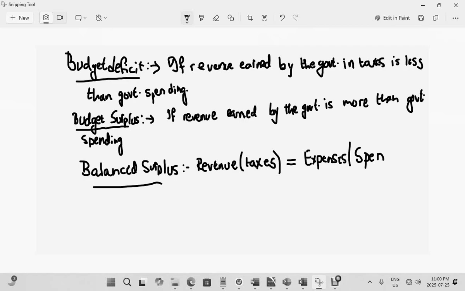Now, in most countries, government spending has roughly the same categories. The four major categories in most countries would be, first, national defense. This has to do with things like military, security, and so on.